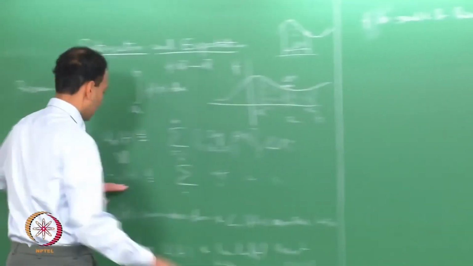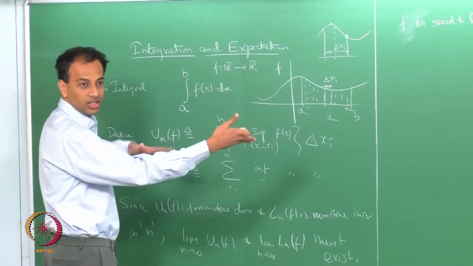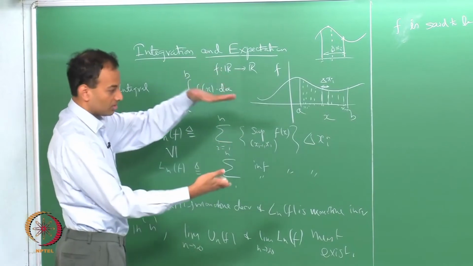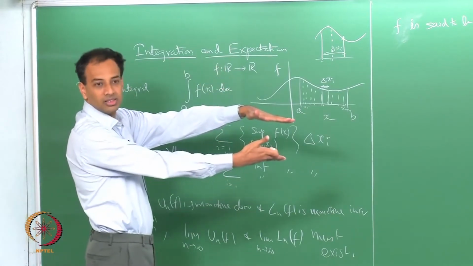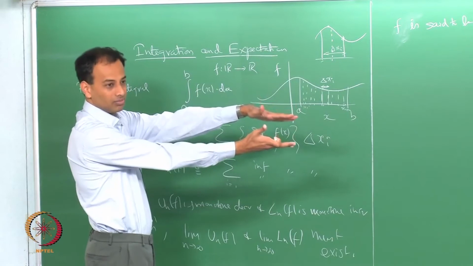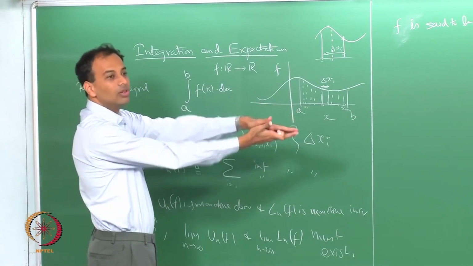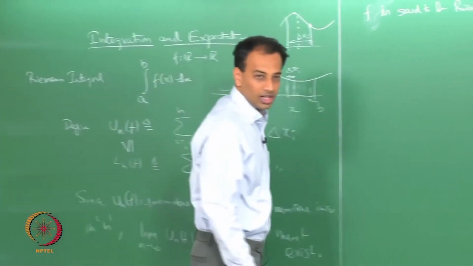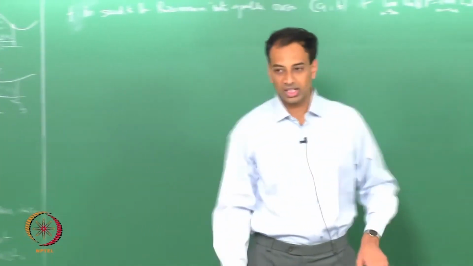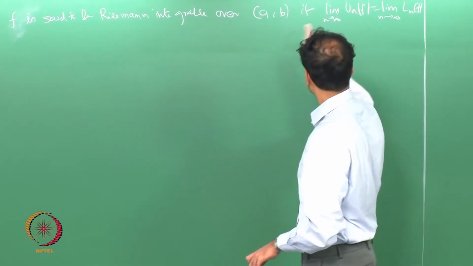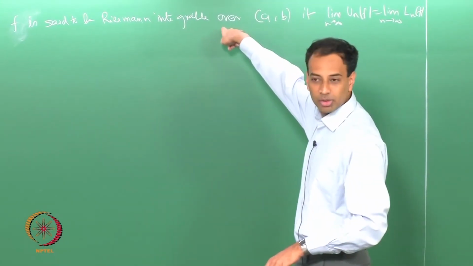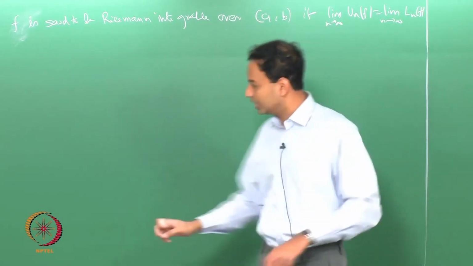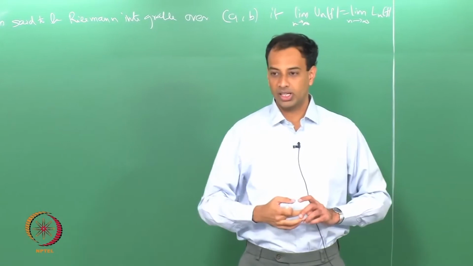So, what we are saying is that L_n of f is an increasing sequence in n and U_n of f is a monotonically decreasing sequence in n. They must both have some limit. The limits may not be the same, but if they are equal, in other words if the upper integral and the lower integral are both equal, we say that f is Riemann integrable over the interval [a, b], and this common value is known as the integral of f over a to b.